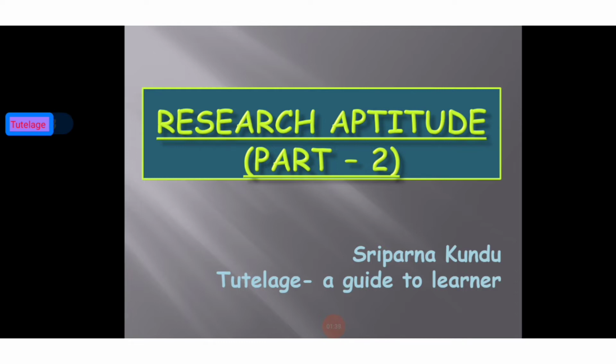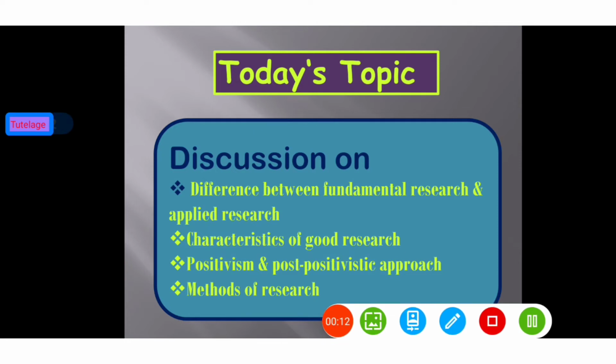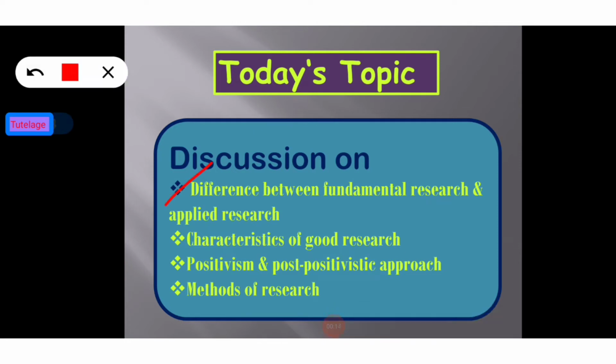So today we are going to explain some new concepts under the same chapter, so that's why it is called research aptitude part 2. So learner, let's move on to the next slide. Here we can see some subtopics which we will discuss today. First topic is the difference between fundamental research and applied research.